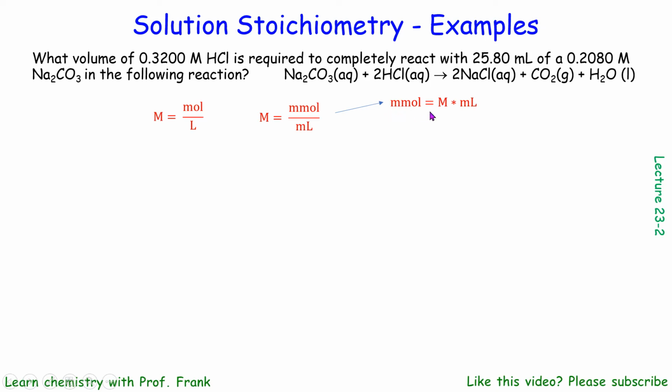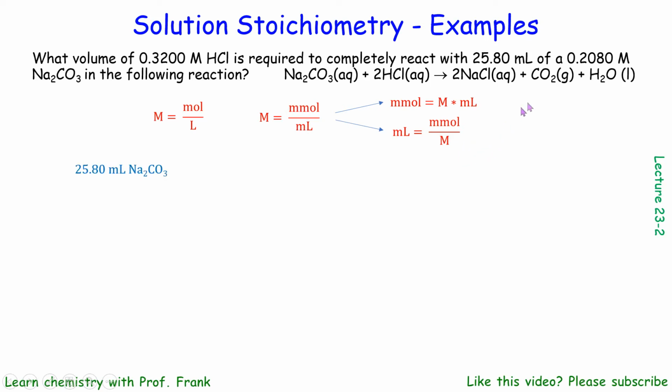Millimoles equals molarity times milliliter. Or find out the volume: volume equals millimoles over molarity. So therefore, from this key equation, you should be able to write out two more related equations.